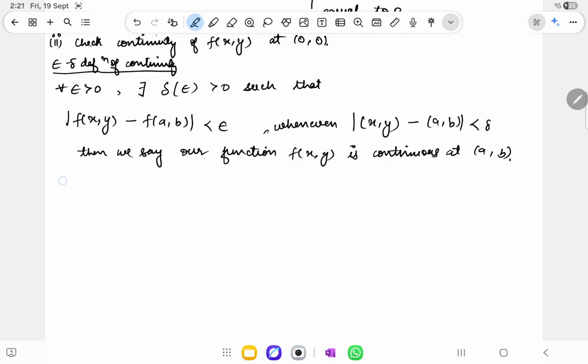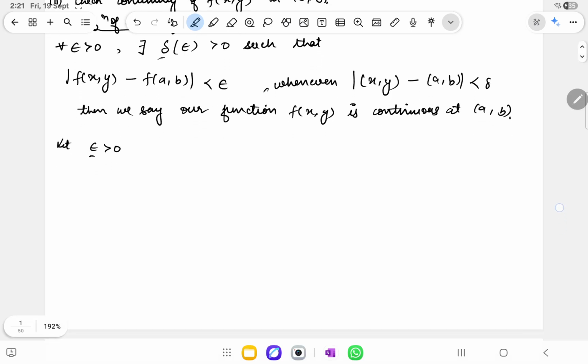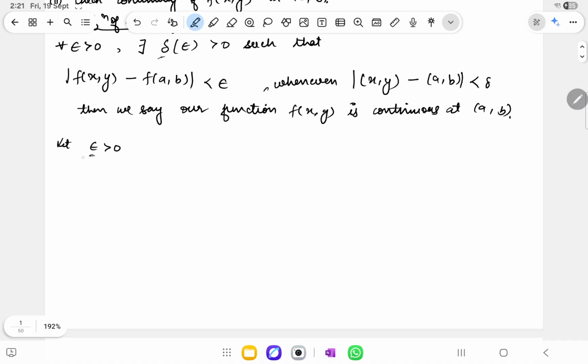So let us assume that epsilon greater than 0 is any arbitrary epsilon, and if with respect to this epsilon we are able to find a delta dependent on epsilon such that these conditions are satisfied, then we can say that our function is continuous. So let us assume epsilon is greater than 0.